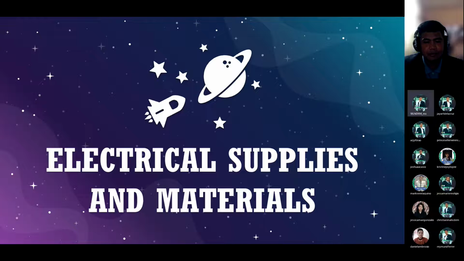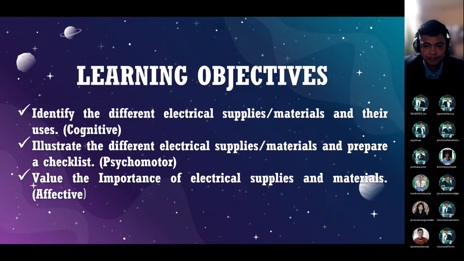Sir, those electrical materials and supplies are used to control a circuit. Thank you, Mr. Romasanta. Very well said. Yes, electrical materials and supplies are used to control the flow of a current in an electrical circuit. Did you get it, class?